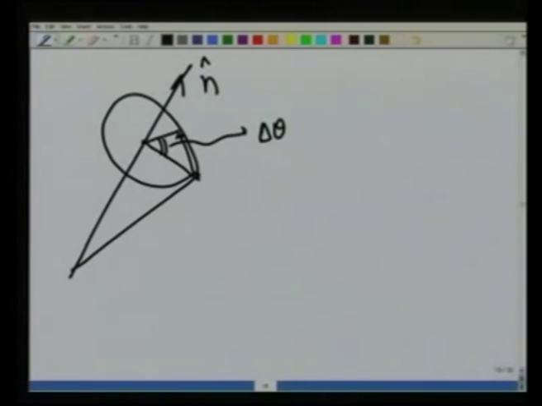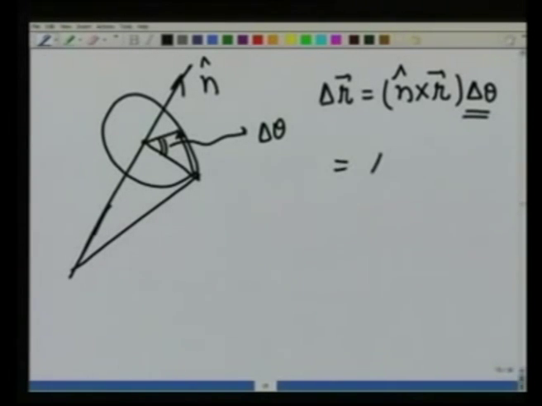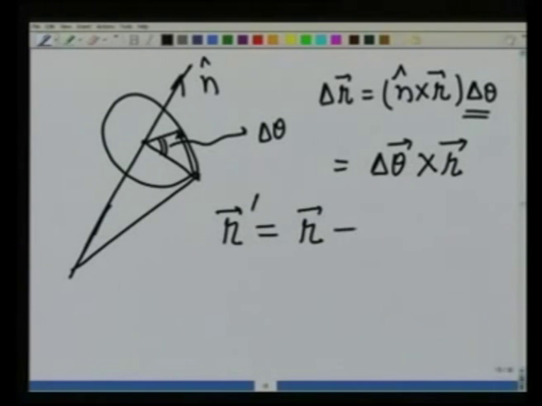This direction is automatically n cross r, and this change delta r is n cross r, right direction, right magnitude of this radius times delta theta. And therefore, taking the direction of delta theta along the axis of rotation, I can write this as delta theta cross r, and therefore, the new r prime is really the original vector plus delta theta cross r.